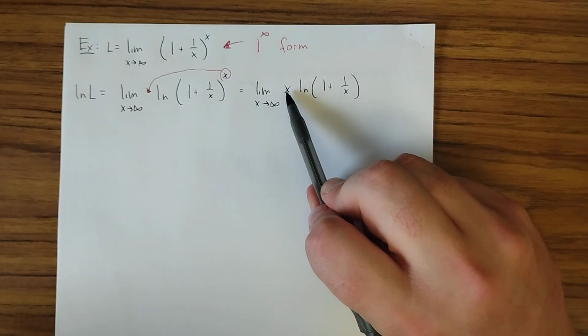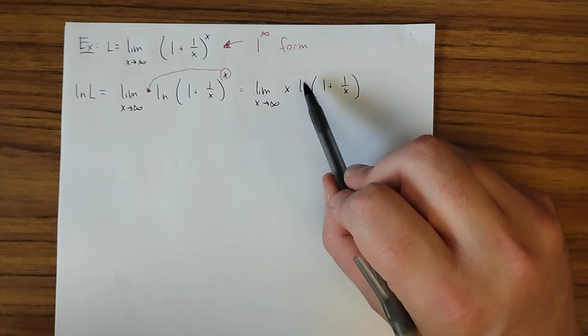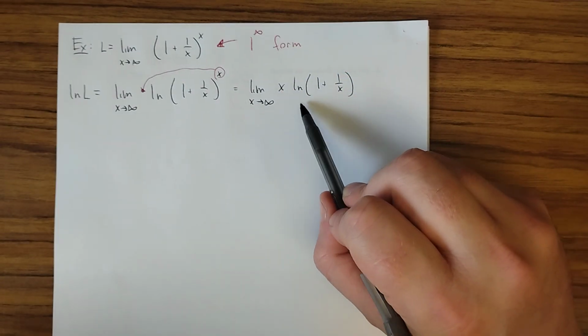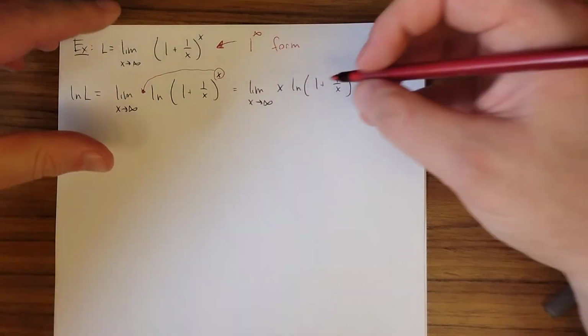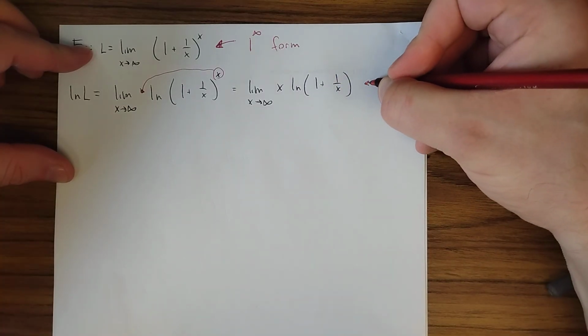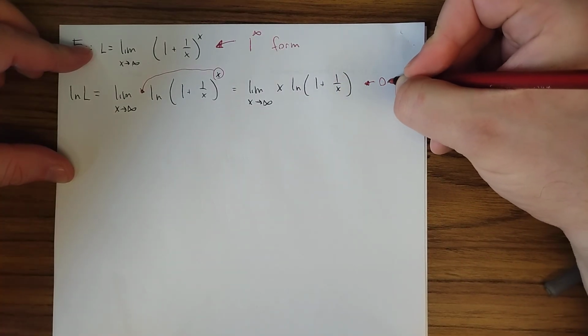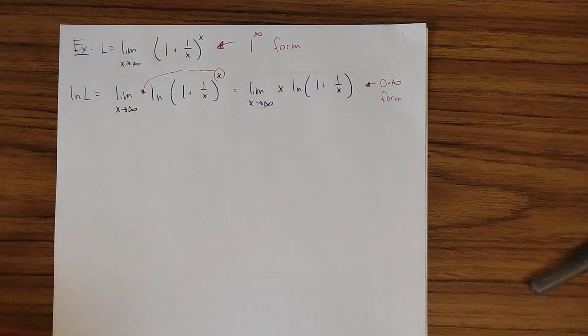And sure enough, x is going to infinity. This part is going to, well, ln of 1, which is 0, so this one's going to infinity, this one's going to 0. So we're like that.